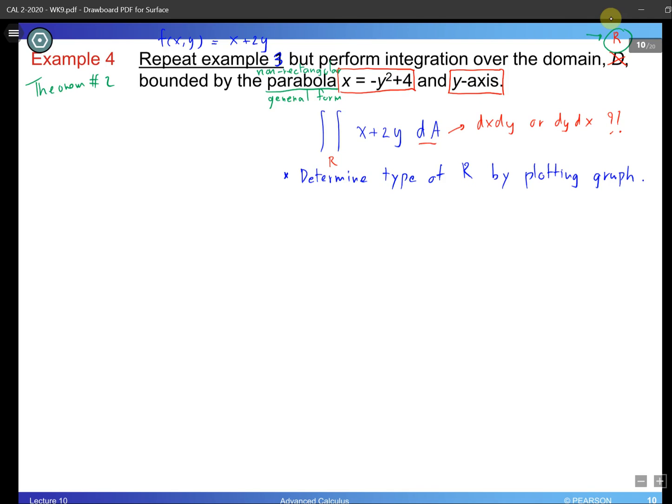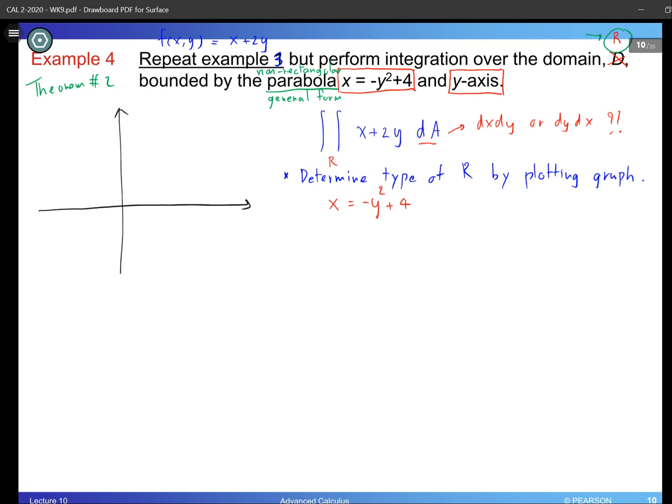So this is the y-axis, okay, and let's have this x-axis right here. Now let's take a look at the curves and the lines that we have. First of all, we have x equal to minus y squared plus 4, as the first curve that we need to include in this graph. And we also have this y-axis.